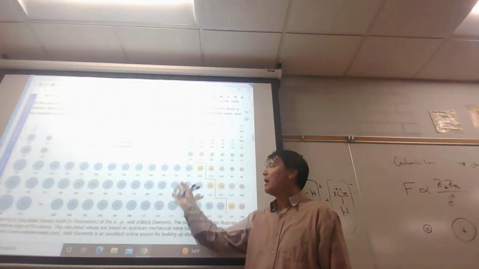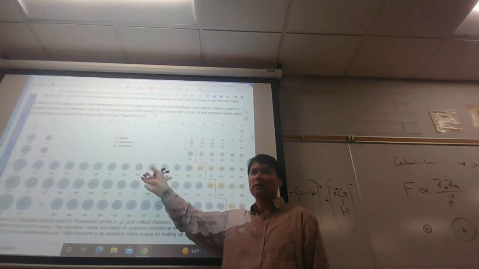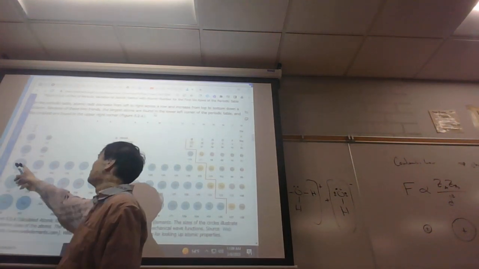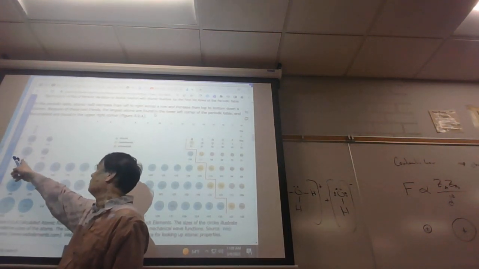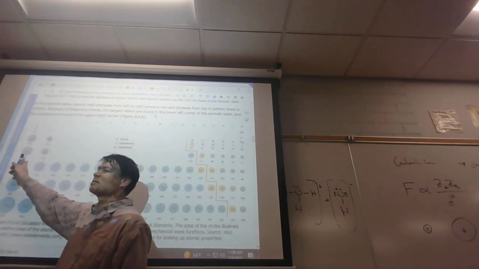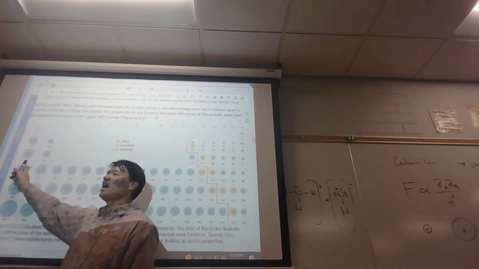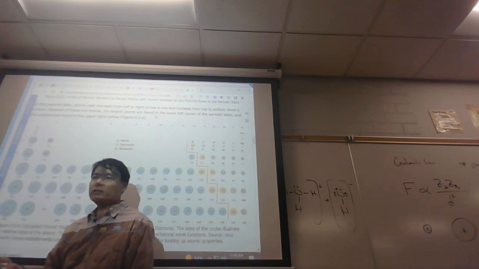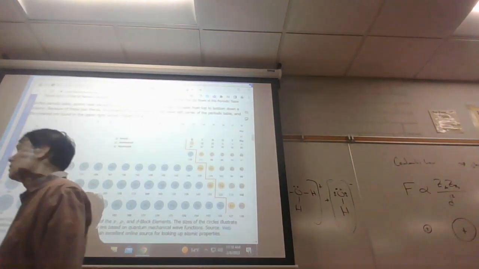Now cations are about half the size of the parent. If sodium's radius is 190, then sodium ion is going to be about 95, about half the size. Let's take a look.